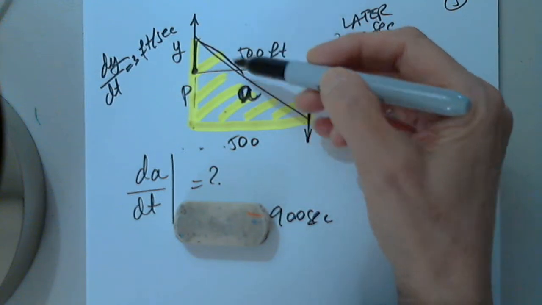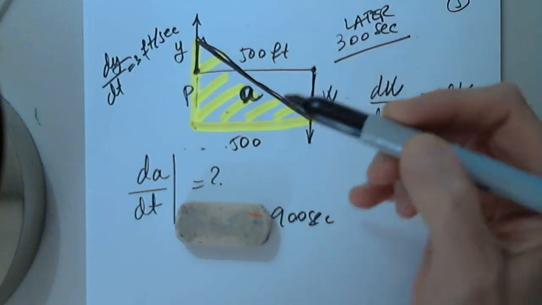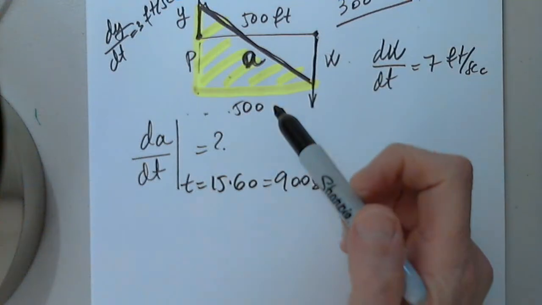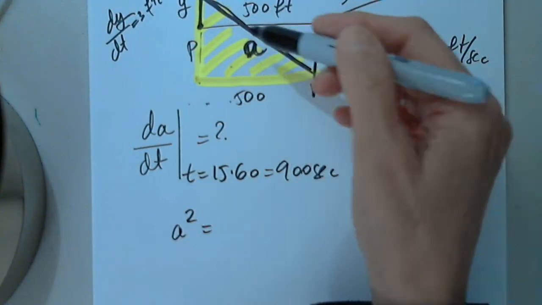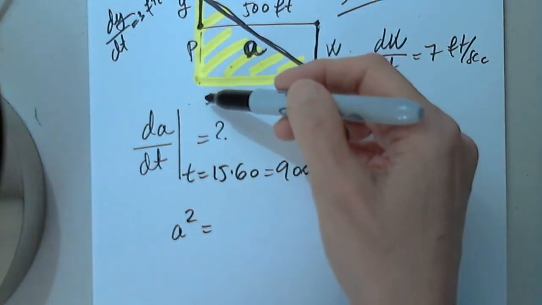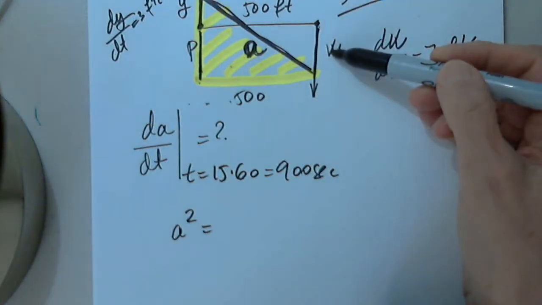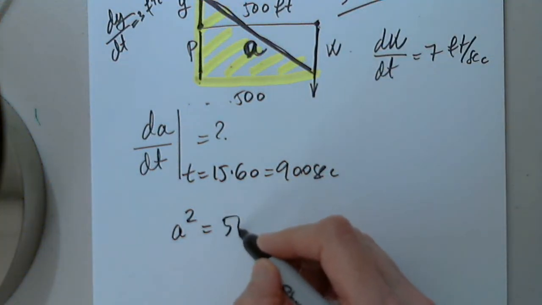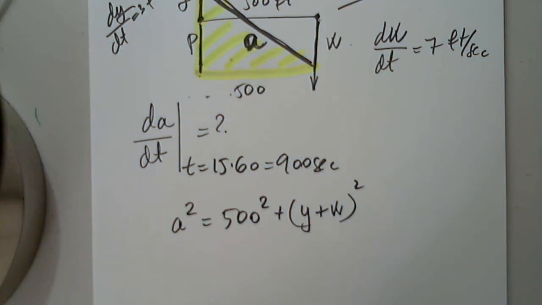And this is what I'm interested in. How fast is this changing when such and such? So I do have that a squared, Pythagorean theorem, a squared equals 500 squared plus y plus w squared.